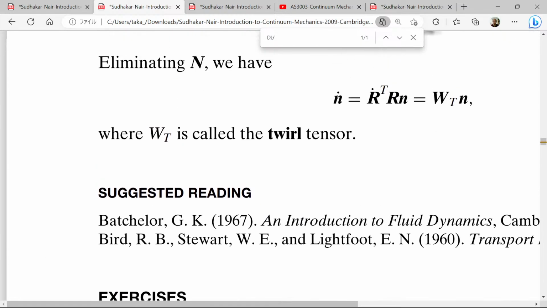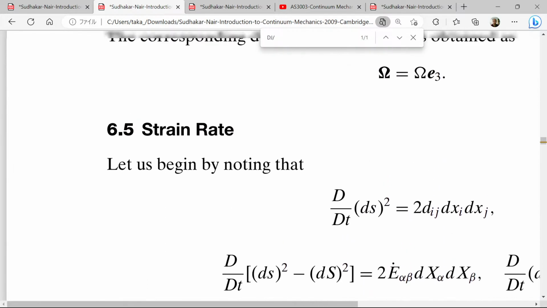So we should have dJ/dt in this chapter.